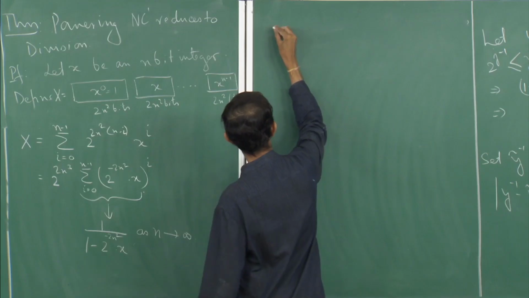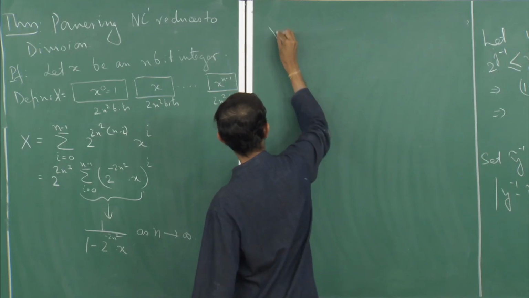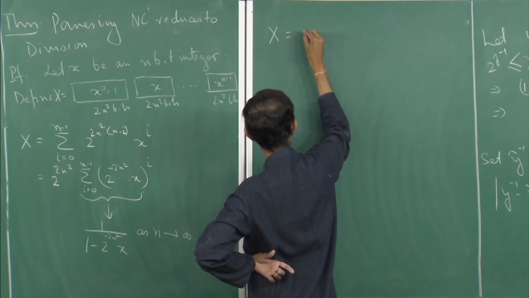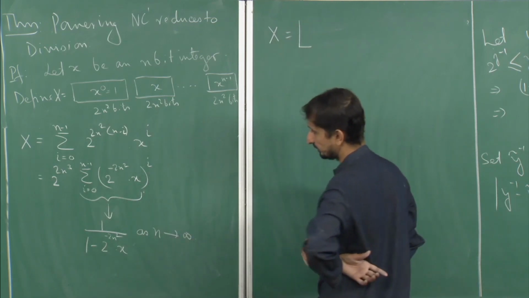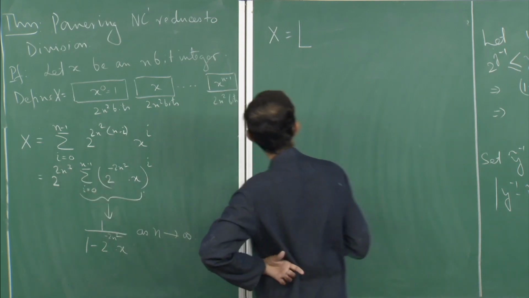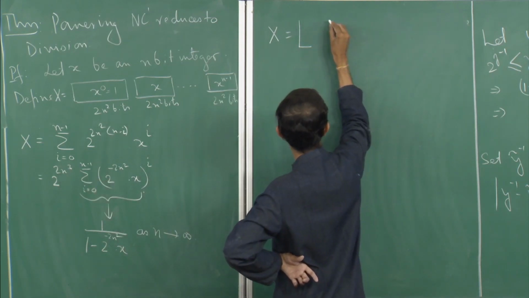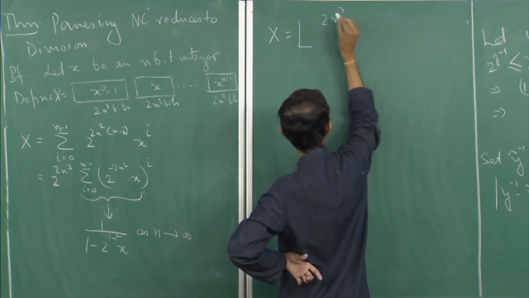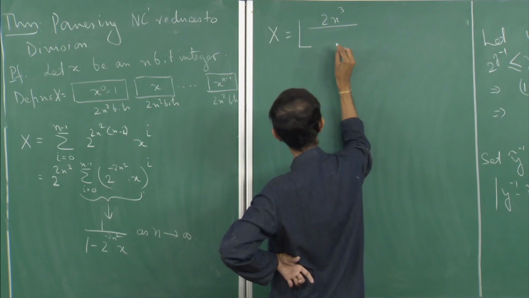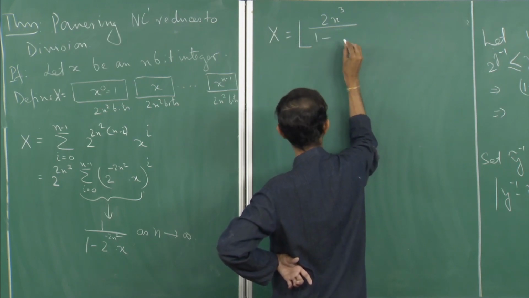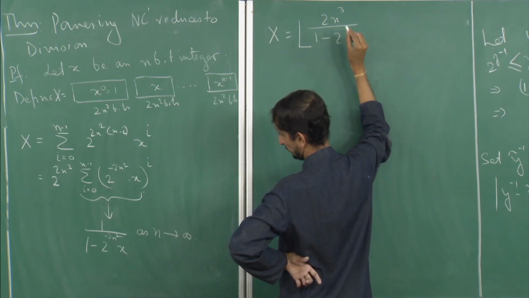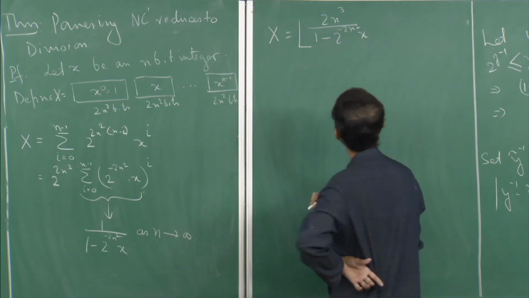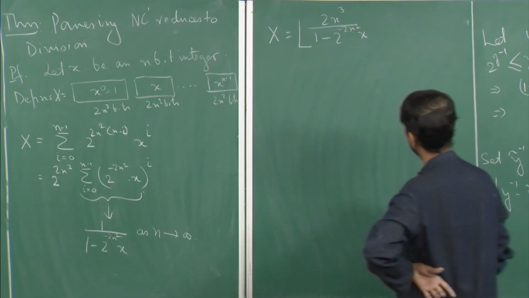So we can say that x is the floor of this quantity: 2 to the power 2n cube divided by 1 minus 2 to the power minus 2n square into x.